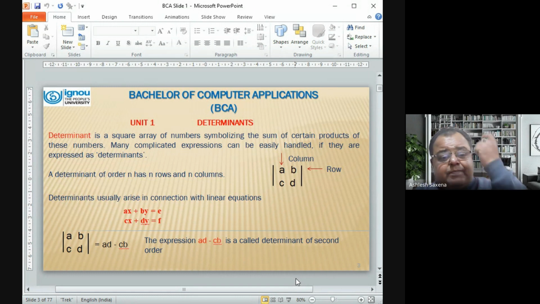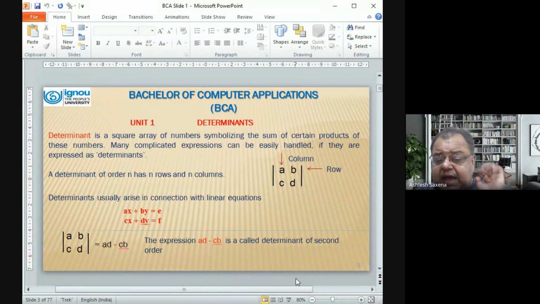We just pick up the coefficients. Coefficients are those numbers which are always written in front of the variable. Here in equation 1, you can see that A is the coefficient of x, B is the coefficient of y, C is the coefficient of x, and D is the coefficient of y.